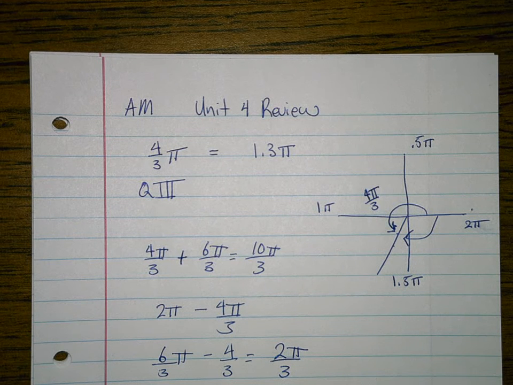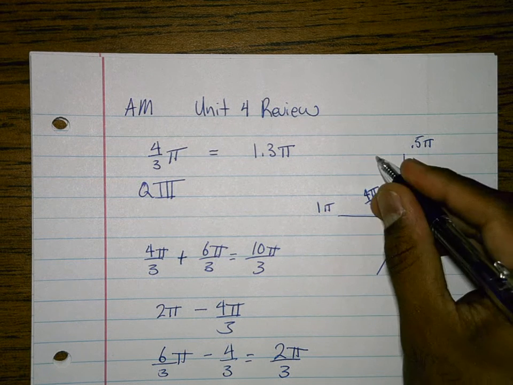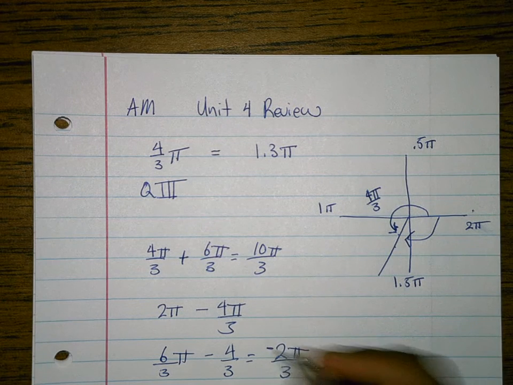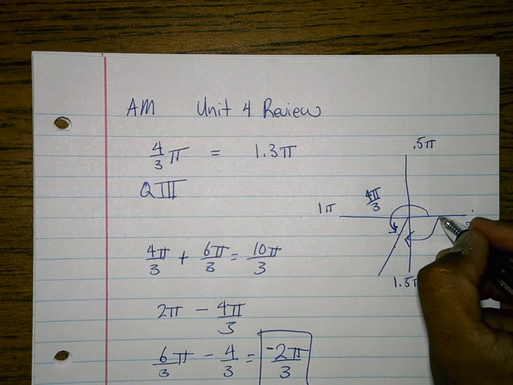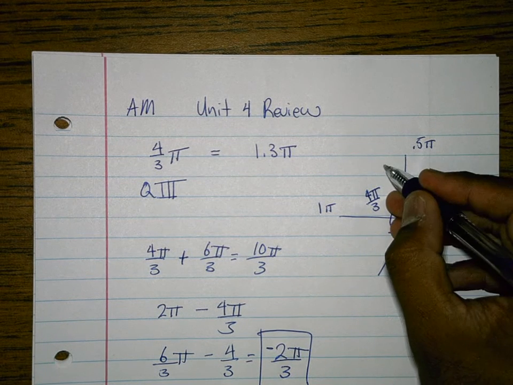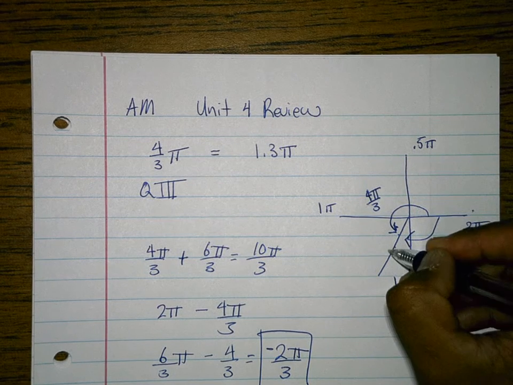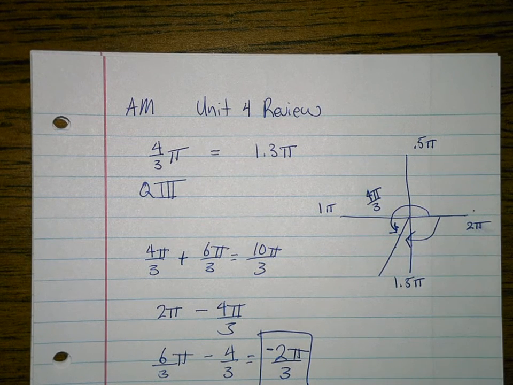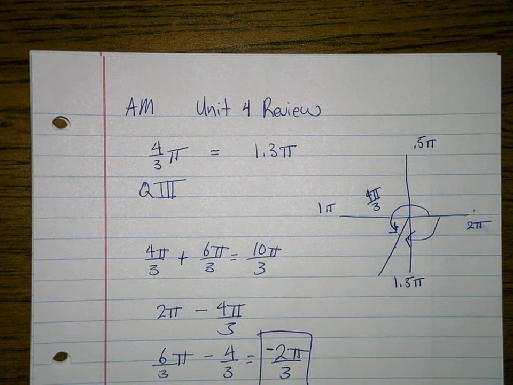A positive 2 pi over 3 is over here, right? So I need this to be negative. If I go positive 2 pi over 3, it puts me over here in quadrant 2, but since I'm going the other way, it puts me over here in quadrant 3. So negative 2 pi over 3 and positive 10 pi over 3.